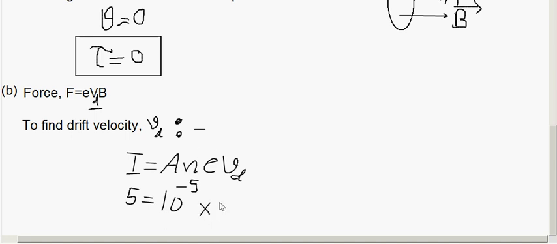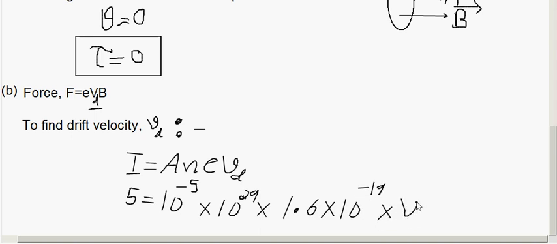Therefore, it is 10 to the power minus 5, the cross-sectional area of the wire, into number density of electron 10 raised to the power 29, multiplied by the value of e, that is 1.6 into 10 raised to the power minus 19, into vd.